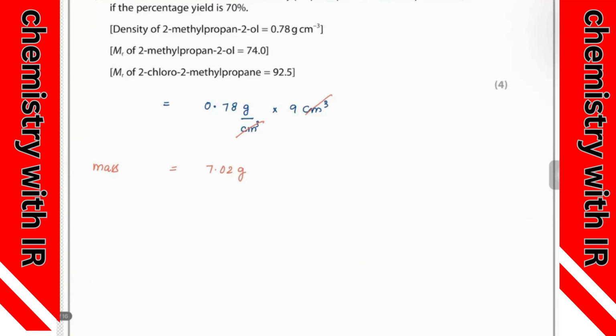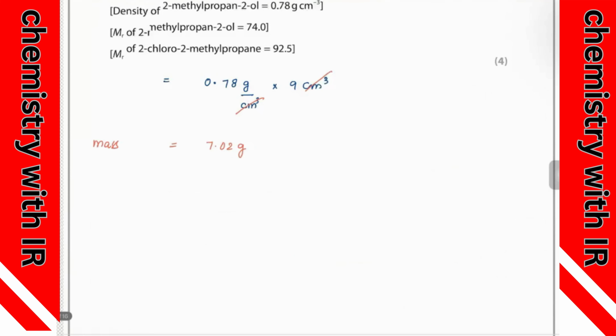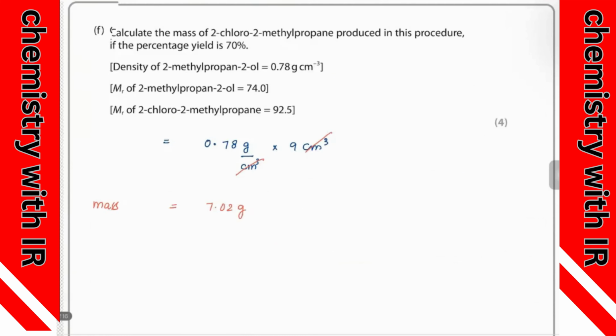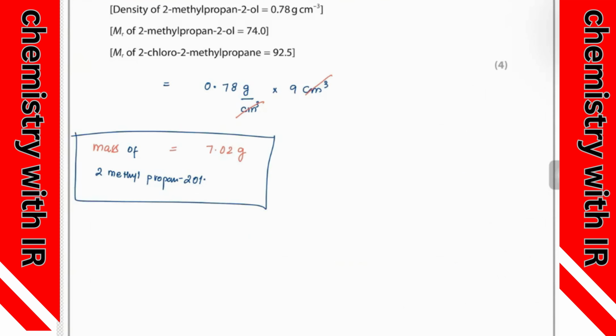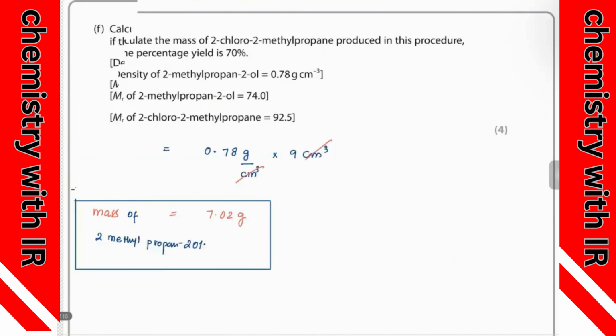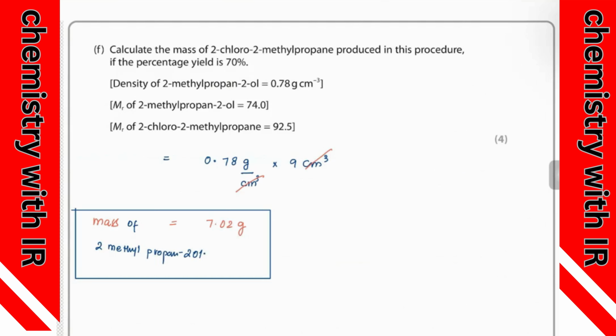So then what am I supposed to do in this one? Mass of 2-methyl propan-2-ol, right? This is the percentage yield, that is 70%.